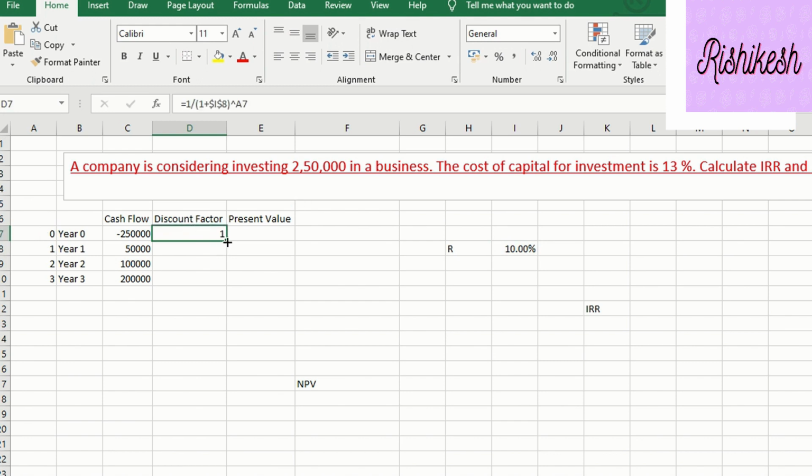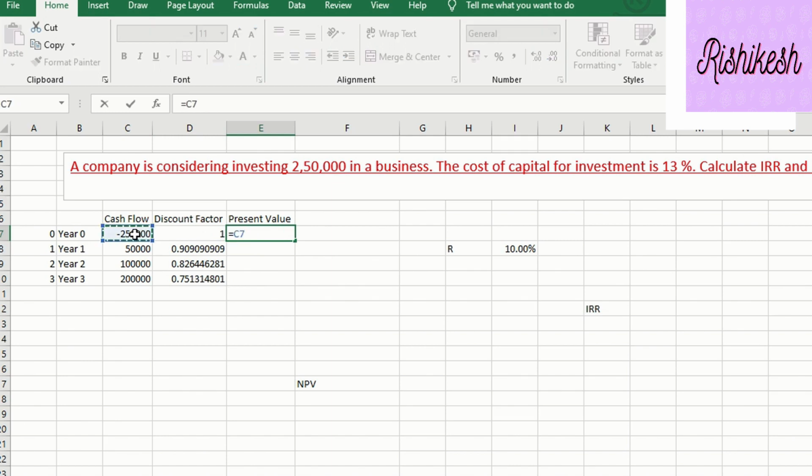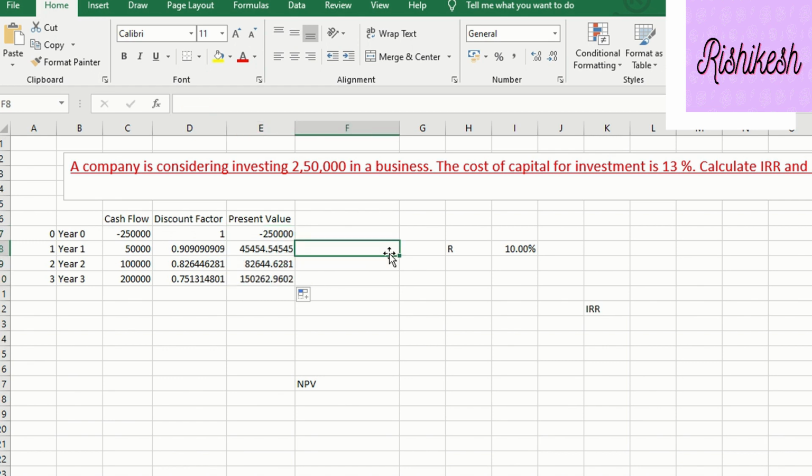Again, once the plus sign comes, I will double click, and we'll calculate the discount factor for each and every cash flow. Present value will be the cash flow multiplied by the discount factor. Again, I will do the same from here, and it will calculate the present value for all the cash flows.